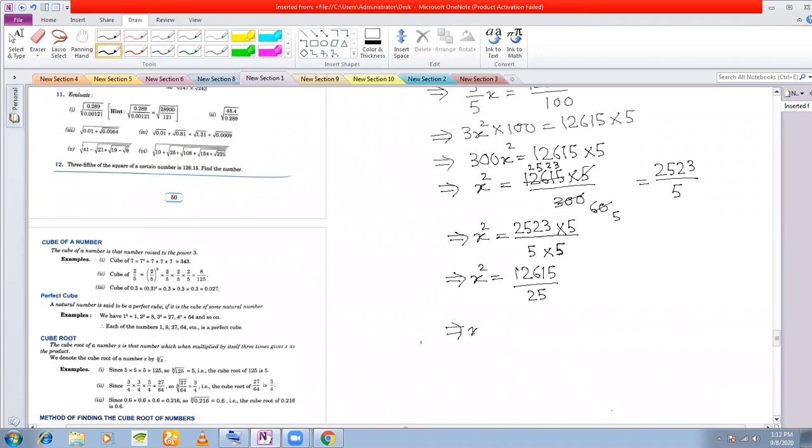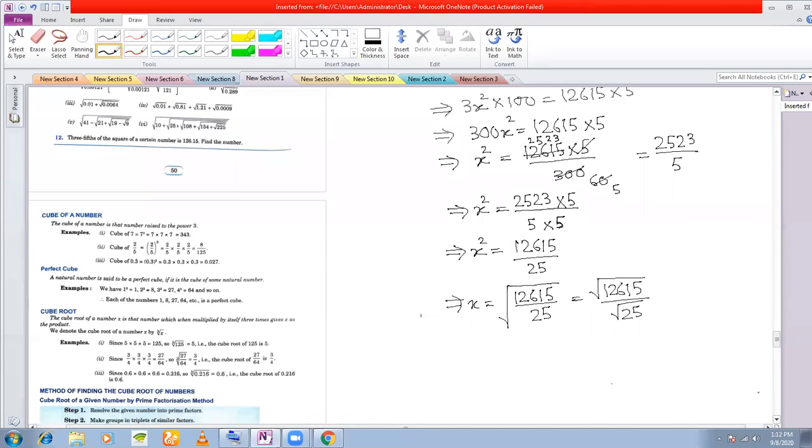So what is my x? My x here is the square root of 12615 divided by 25. In fact, there should be a plus or minus sign also, but I'm simply taking the positive value here. This is the square root of 12615 divided by the square root of 25. Now, what is the square root of 12615? You can find this out by the division method. I'm keeping this as your task.